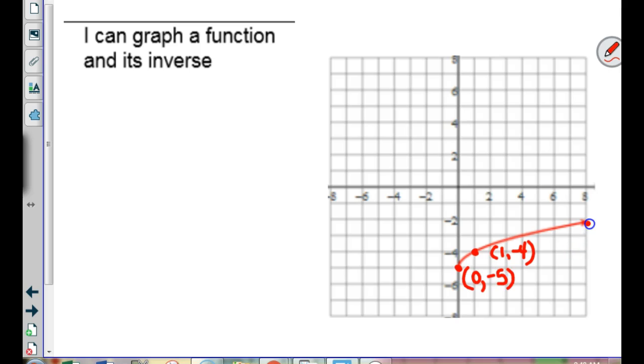And maybe out at the end here, we get 8, negative 2. What would those look like when I switch the ordered pairs? Negative 5, 0. Negative 4, 1. And negative 2, 8.